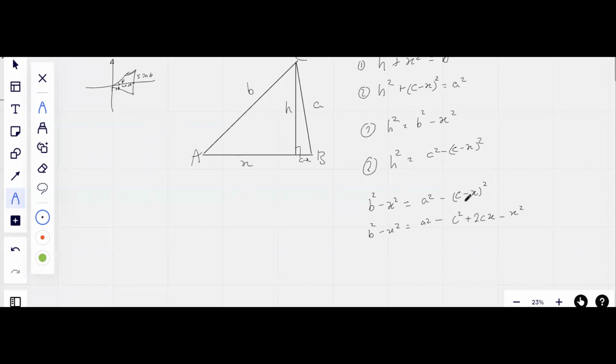But this minus multiplies everything inside by negative, changing their signs, so this will be minus c squared plus 2cx minus x squared. And we have b squared minus x squared right here. Adding x squared to both sides, this and this cancel away.